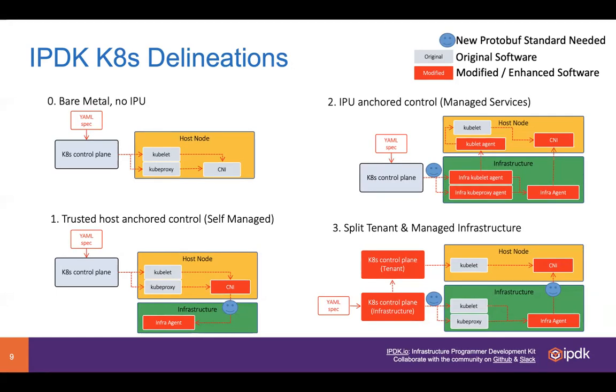sort of an entire solution, not just the interface. That the CNI would be modified so that any sort of configuration that would need to be mirrored or proxied into the infrastructure would come from the CNI, and there'd be an agent inside the infrastructure somewhere that is talking that little protocol to set things up.